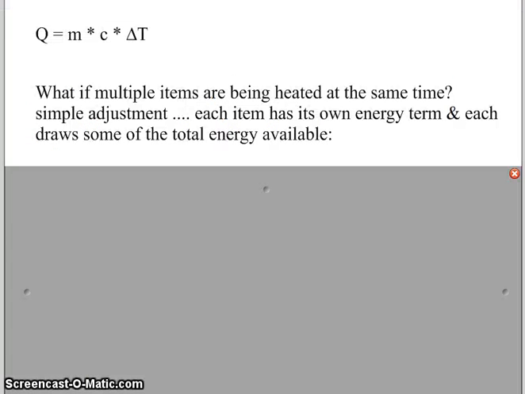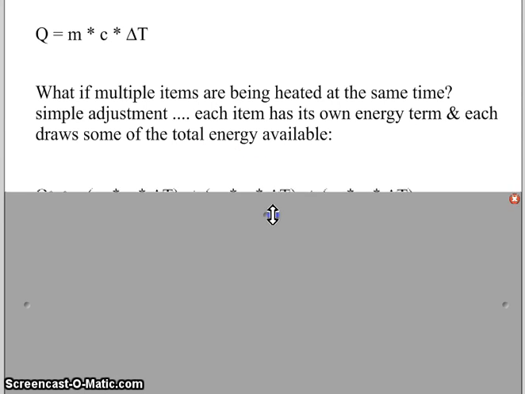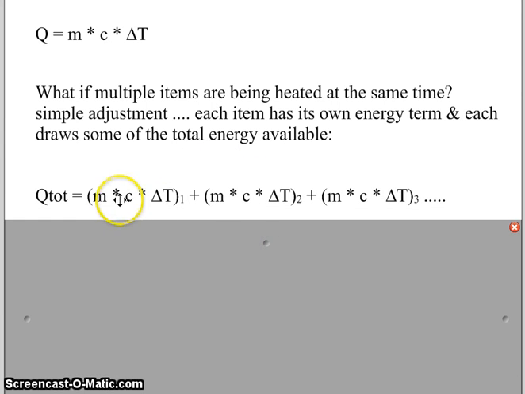If this is our relationship between energy and temperature with the mass and specific heat impacting that, what if we have multiple items being heated at the same time? It turns out to be a pretty simple adjustment in that each item has its own mc delta T term.